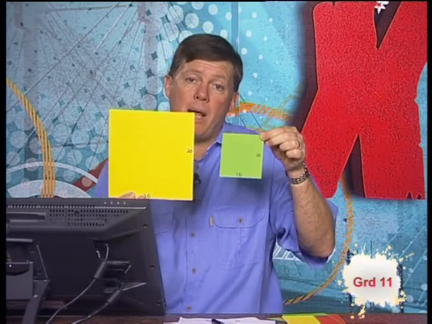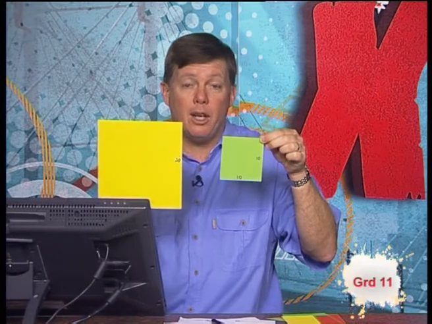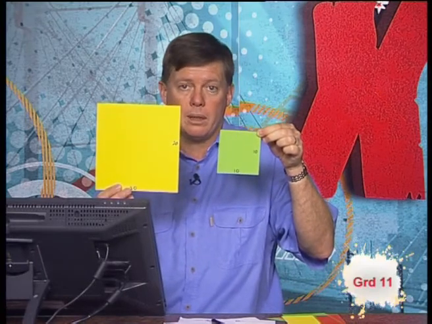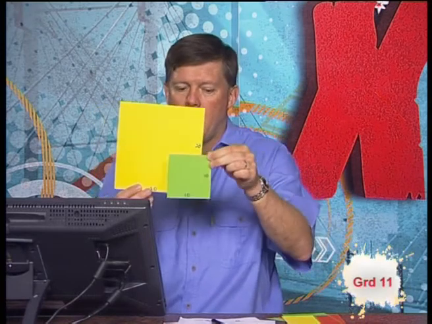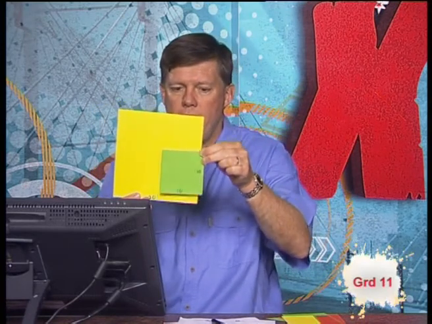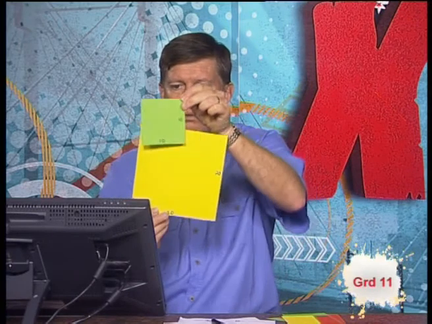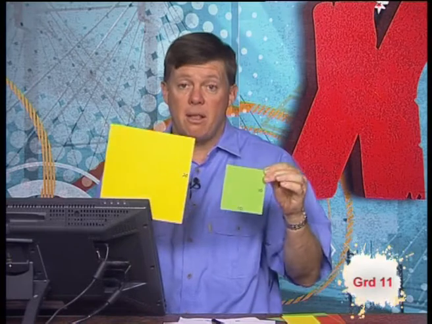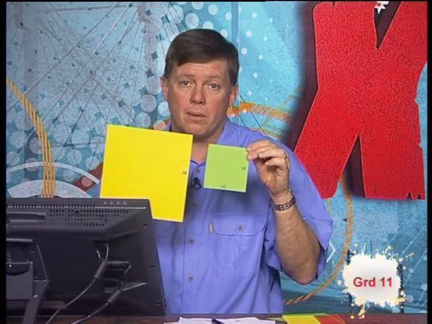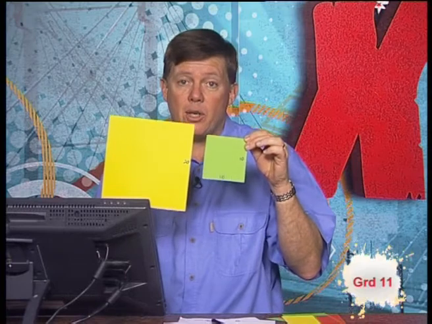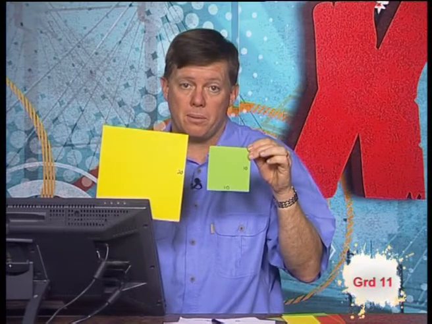So I've multiplied it by a scale factor of 2. Can you tell me what's happened to the area? I'll give you a little hint. 1, 2, 3, 4. The area has increased fourfold. The area has increased 4 times.